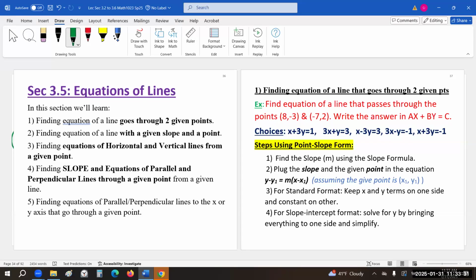So steps. Since we have 2 points, obviously we can find the slope first. So we are going to find the slope using the slope formula. Once we find the slope, we are going to substitute the slope and one of the points. We could plug in this one or we could plug in that one, it doesn't matter. One of the points and the slope, we are going to plug into point slope format.